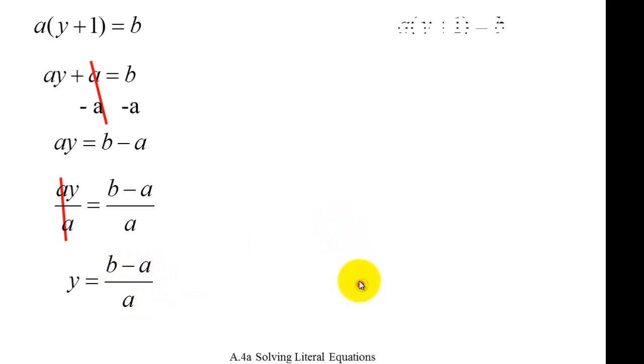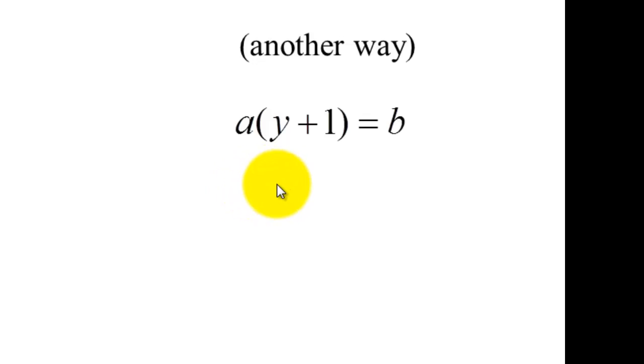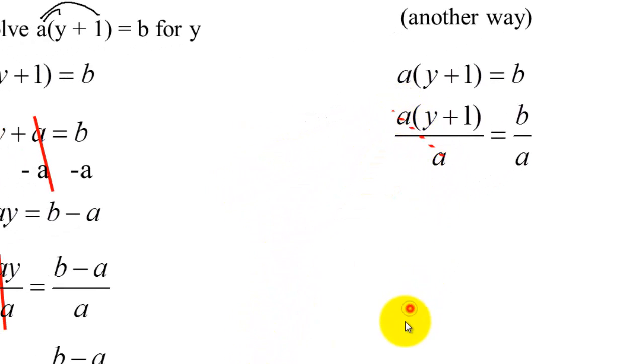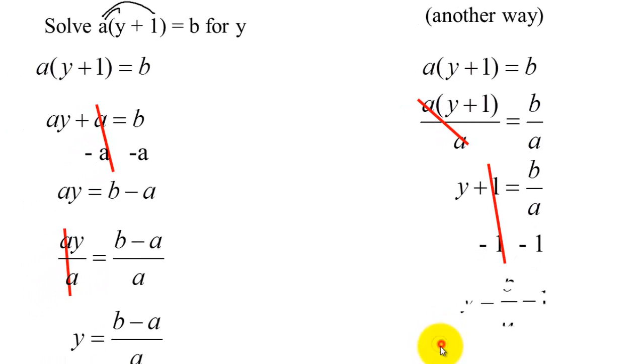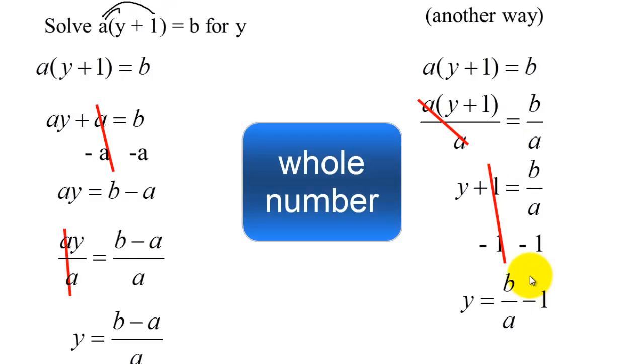Another way is to divide both sides by a. So this will cancel out. We'll get y plus 1 equals b over a. Subtract 1 from both sides. We'll get b over a minus 1. Now, if we are going to combine a fraction and a whole number, make sure that you have a common denominator.